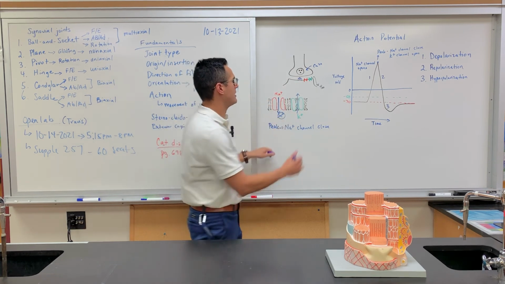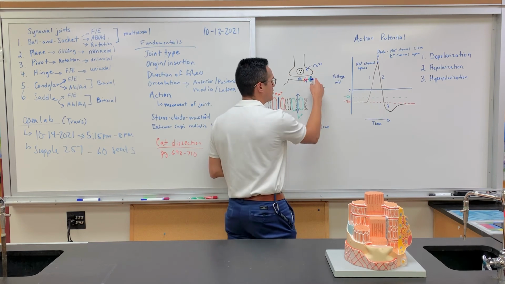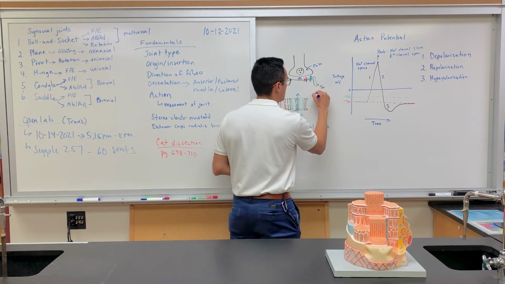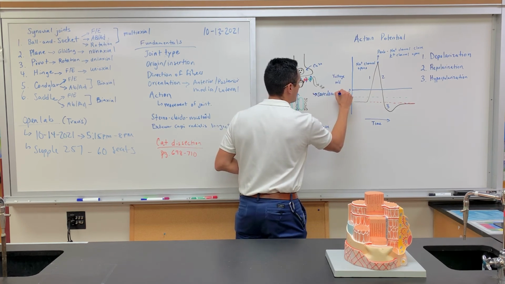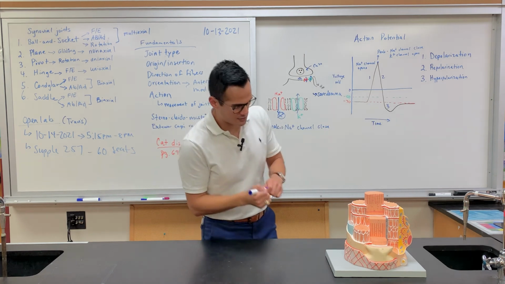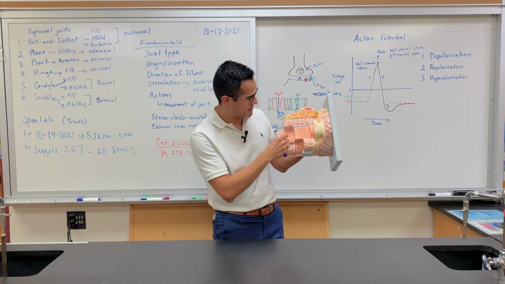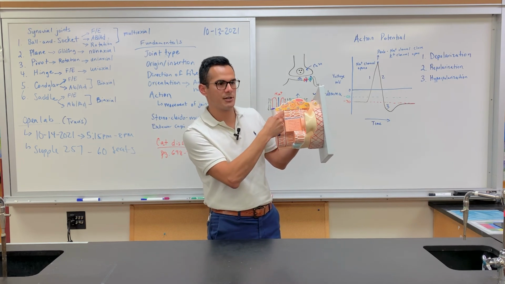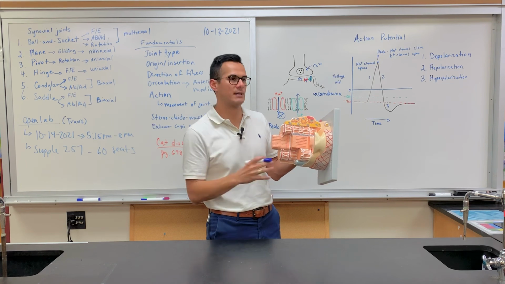So sodium goes in, potassium goes out, and this will continue to happen all along what part? The sarcolemma. So remember, the action potential will travel all along the sarcolemma before it reaches the T tubules, which are here. And then it continues that whole process that we've already discussed.